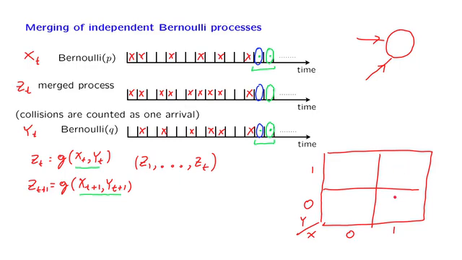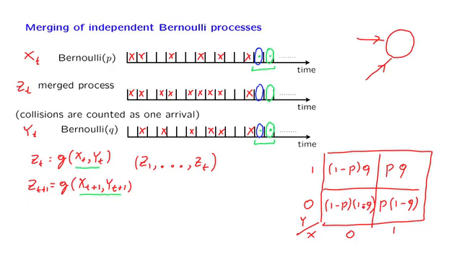The probability that we have an arrival in both processes, because of independence, is the product of the probability that we have an arrival in the first process with the probability that we have an arrival in the second process. Similarly, there's a probability P times (1 minus Q) of an arrival in the first process and no arrival in the second. There's a probability (1 minus P) times Q of no arrival in the first process and an arrival in the second process. And finally, there is probability 1 minus P times 1 minus Q of no arrival in either of the two processes.